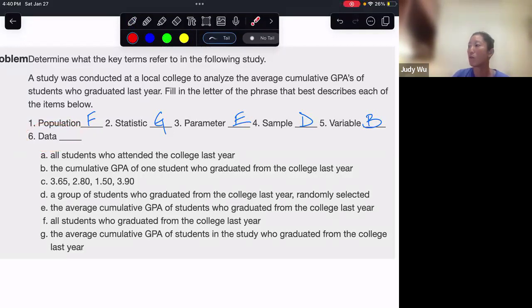But if I were looking at some other kind of variable, then it might be words or categories or something like that. So in this case, the data that we're gathering is the actual GPA. We've got these four GPAs right here: 3.65, 2.8, 1.5, and 3.9. So C is our data.